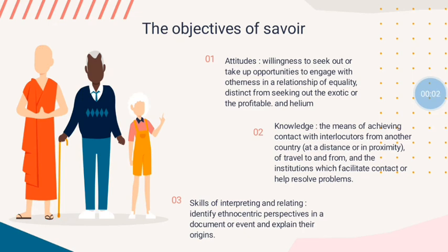Okay, after we know the meaning of the 5 savoir, we also need to know the objectives of each savoir. For the first, attitudes. The objective is willingness to seek out or take up opportunities to engage with otherness in a relationship of equality, distinct from seeking out the exotic or the profitable.